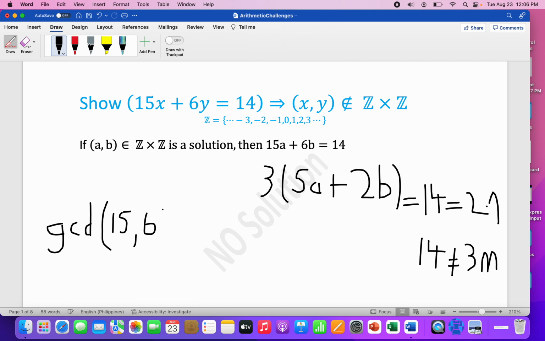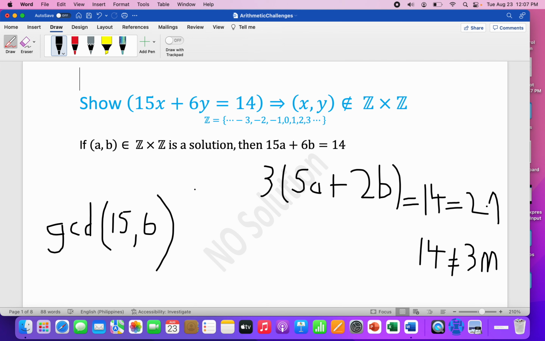But we can also use the vertical line with a slash. What I'm trying to say is it does not divide.